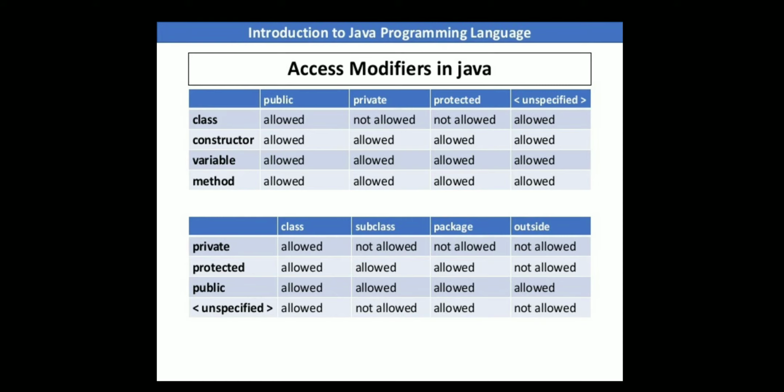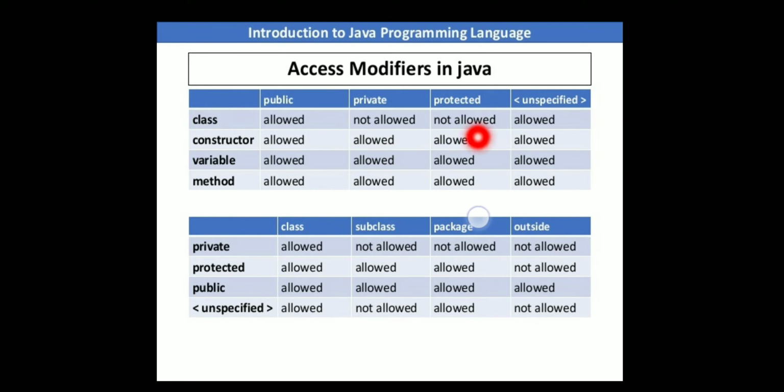access modifiers in Java. See here, the title is Introduction to Java Programming Language, Access Modifiers in Java. Here public, private, protected, these are the access modifiers. In class, public is allowed, private not allowed and protected not allowed.